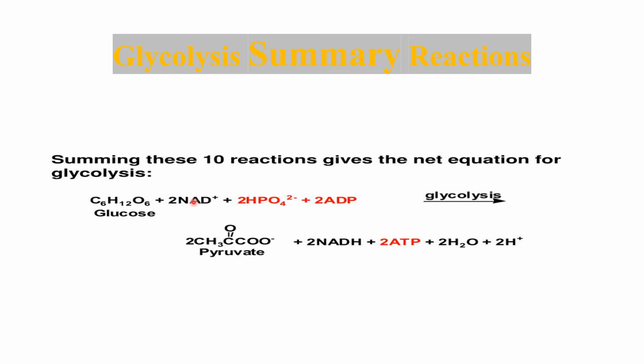So we have a glucose molecule, we have two ADP molecules, we have two NAD molecules, plus two phosphoryl groups, and during the process of glycolysis, we create two pyruvate molecules, two NADH molecules, two ATP molecules, and we also have as a product two molecules of water and two hydrogen ions.